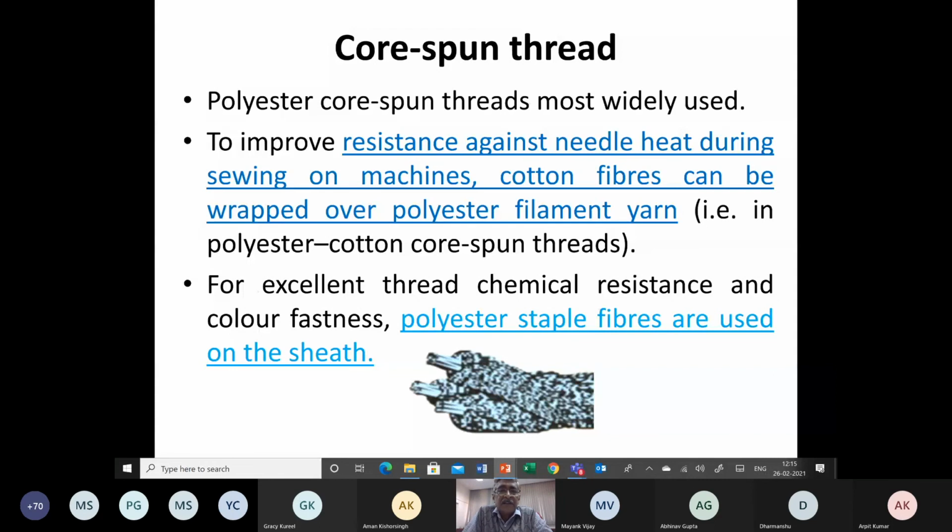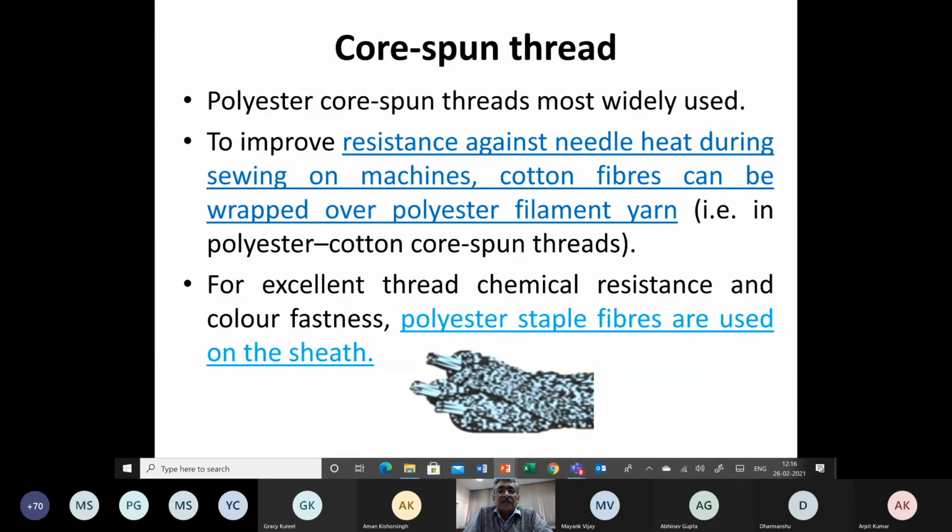So this is a problem with the 100% polyester core spun, because the surface fiber is polyester, and it may melt if we go for high sewing speeds. So in those cases, people use cotton fibers on the surface instead of polyester fiber.